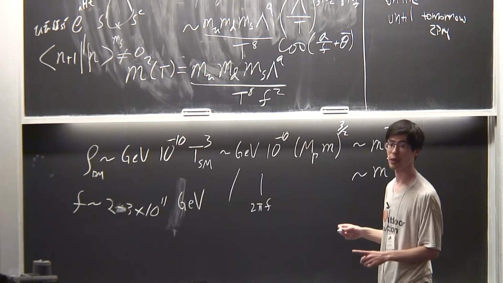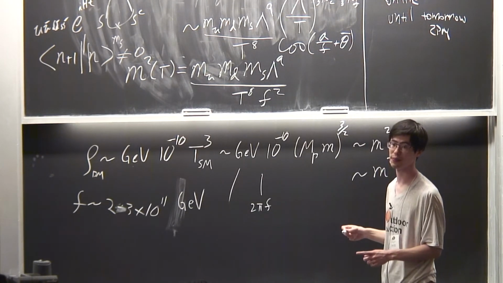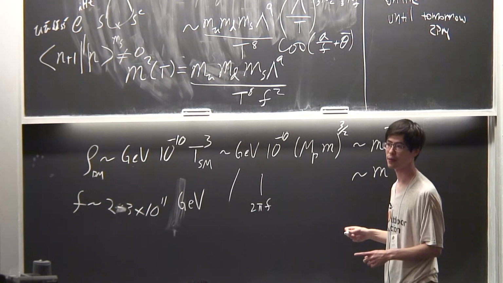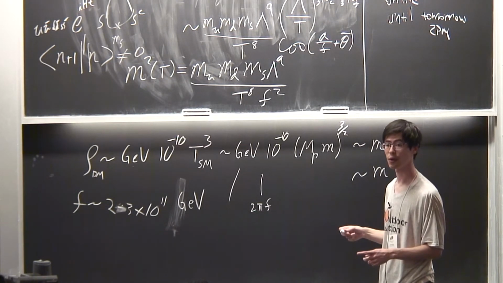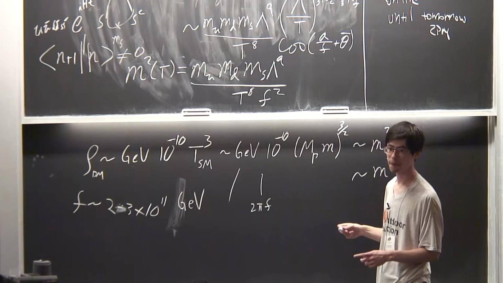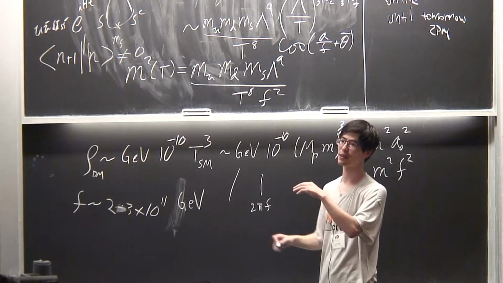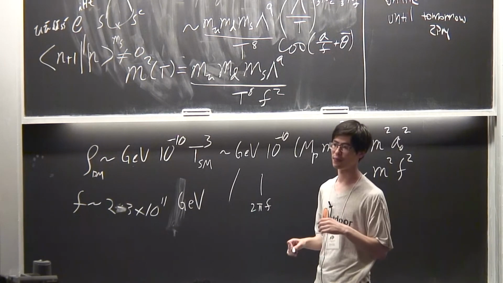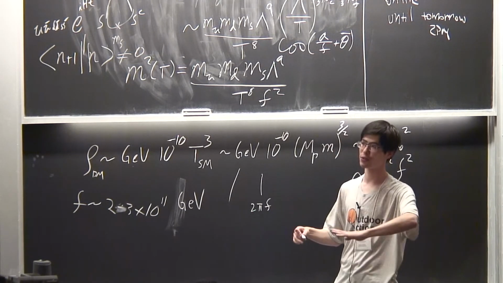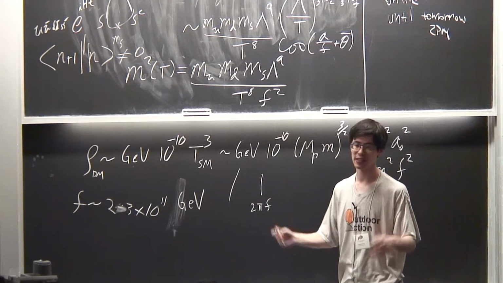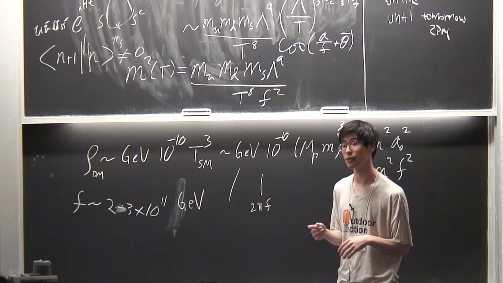And you actually get the wrong answer, by several orders of magnitude. So if you say MA equals 0 at high temperature and the 0 temperature value at the QCD scale and below, you get the wrong answer.